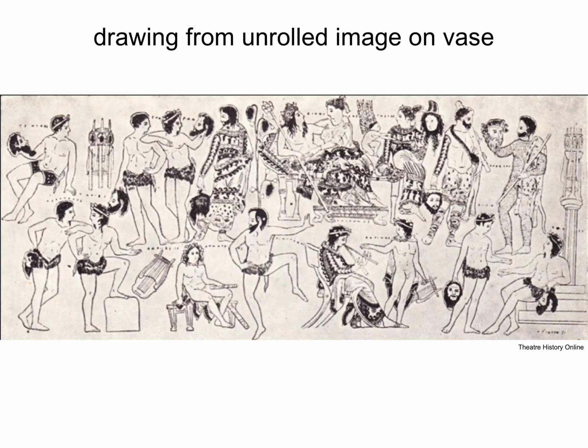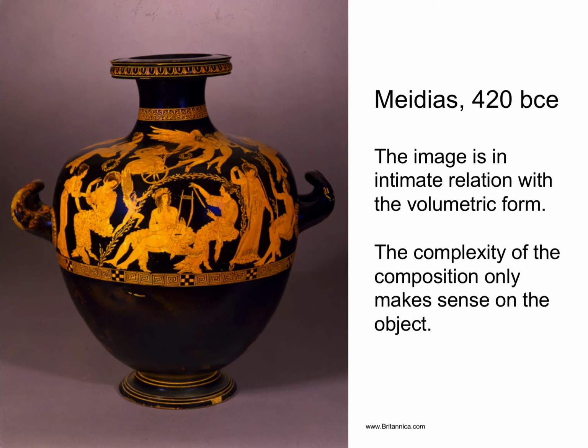So I would be willing to defend the argument that those images on pots not only are not referential of paintings, but probably were influential of subsequent development in painting, and it is the Greek Attic pottery that comes first and served as a precedent for development in art. So again, the image is in an intimate relation with the volumetric form, and the complexity of the composition only makes sense on the object itself.